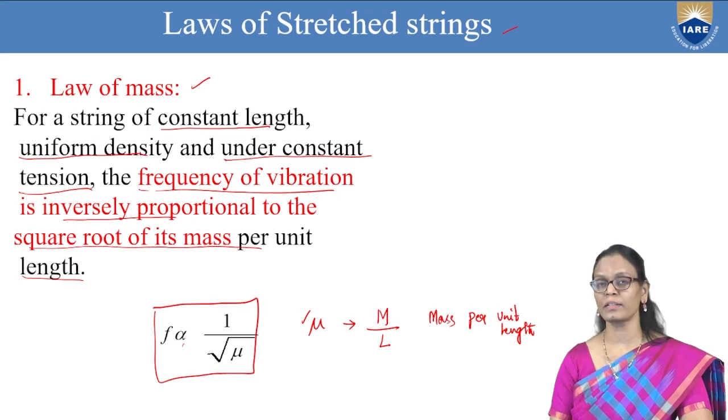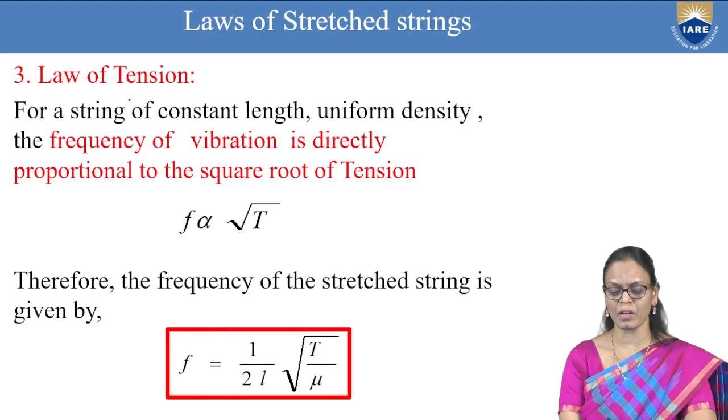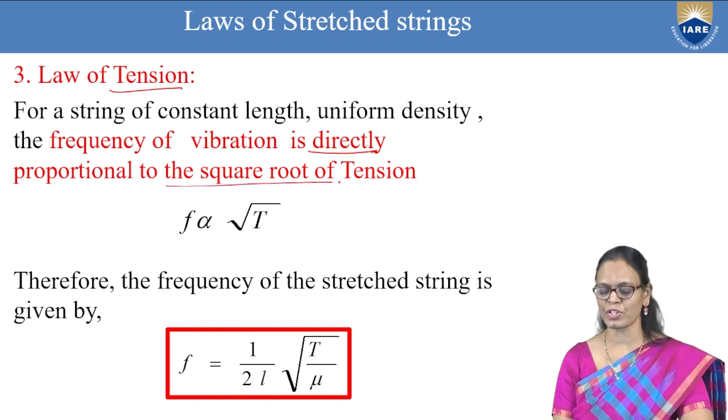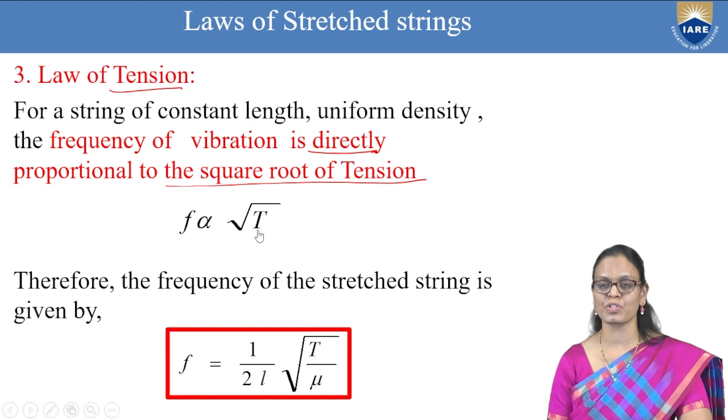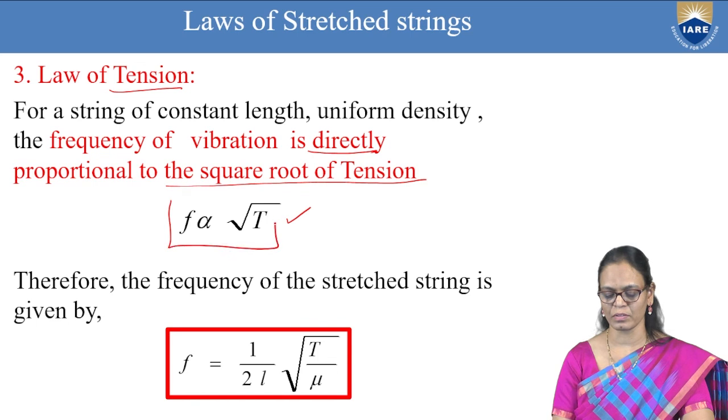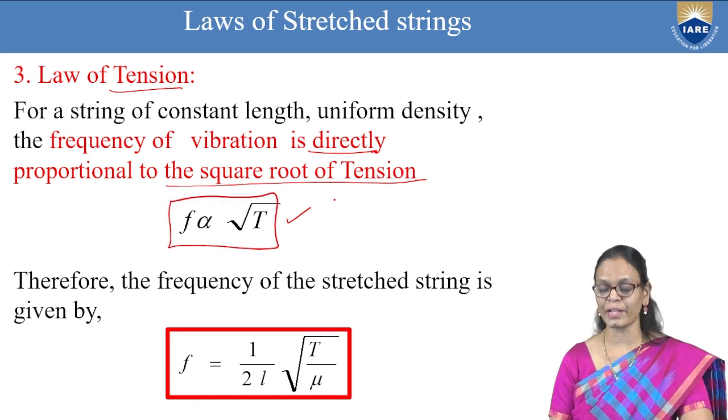Now, the third law is the law of tension. For a string of constant length and uniform density, the frequency of vibration is directly proportional to the square root of tension. So F is directly proportional to root T. This is the third law. Now, we are going to combine all three laws.